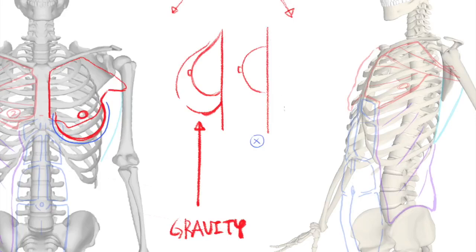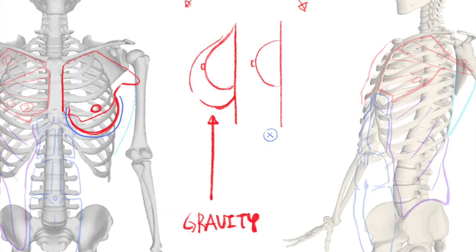When you draw the breast, don't forget not to draw it too circular on the surface. It should be more like a drop of water falling down, and the breast is an area heavily affected by gravity. So always remember where the gravity is.